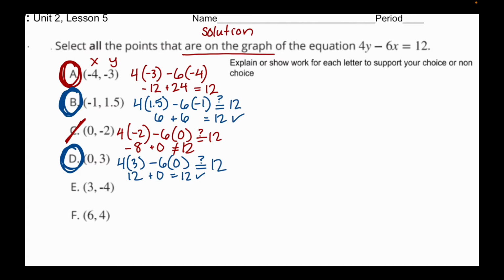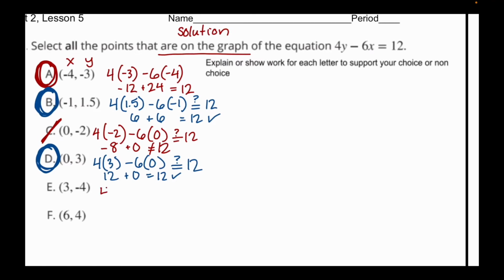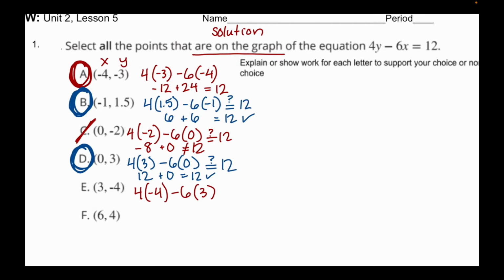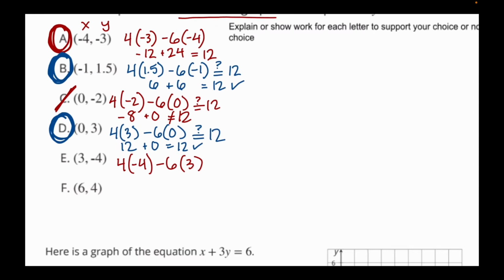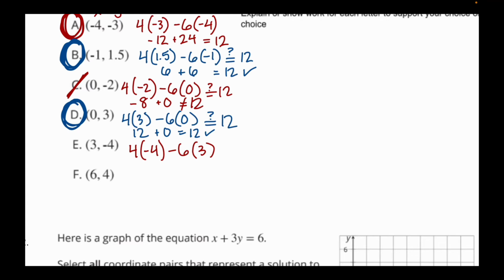And we're going to keep going. So 4 times negative 4 minus 6 times 3. Since they asked me to explain or show work for each one, I'm just going to show work for all of these, and then we'll use that to determine whether it's yes or no. And we want to know, is this one equal to 12?